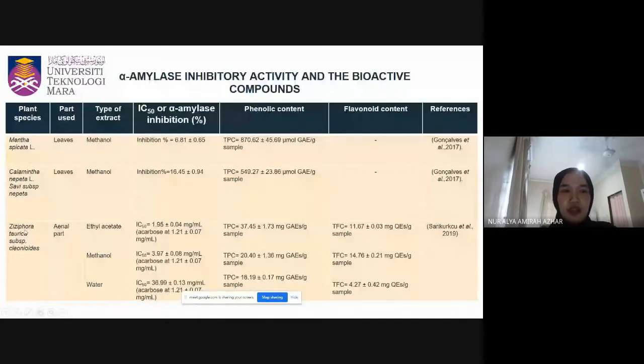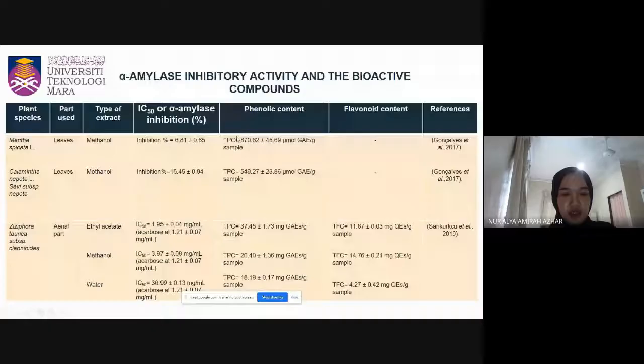For Mentha and Calamintha, the study only studied the total phenolic contents, and for Ziziphora taurica subsp. cleonioides, water extract is the weakest extract in inhibiting alpha-amylase when compared to acarbose. But ethyl acetate once again has the highest value, even compared with the acarbose.